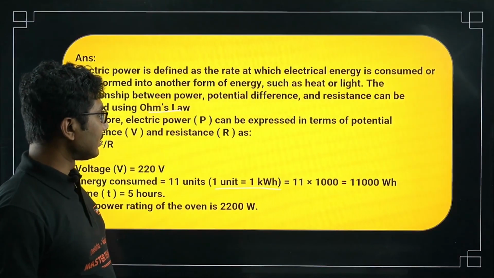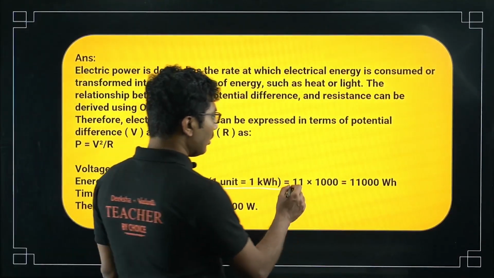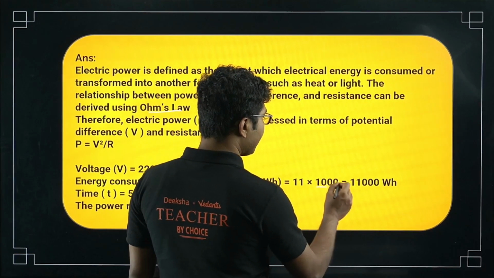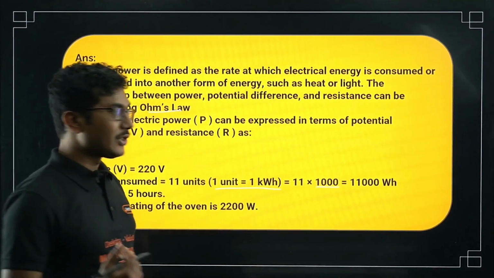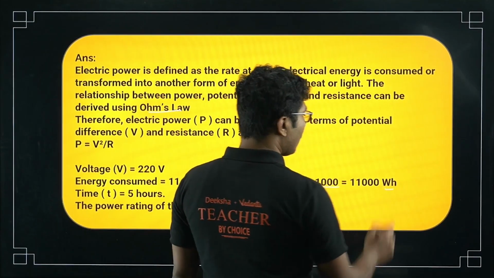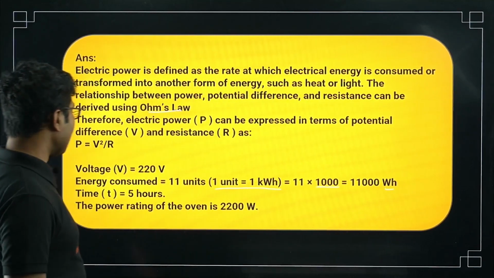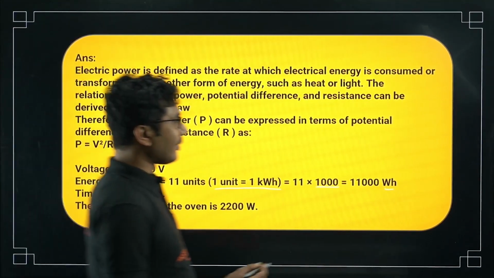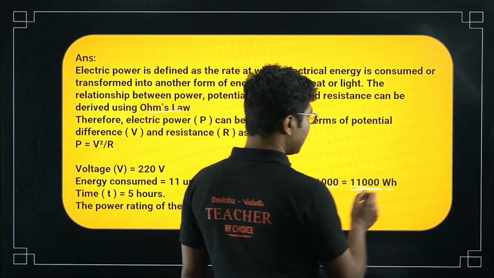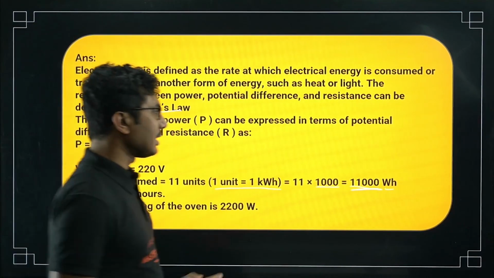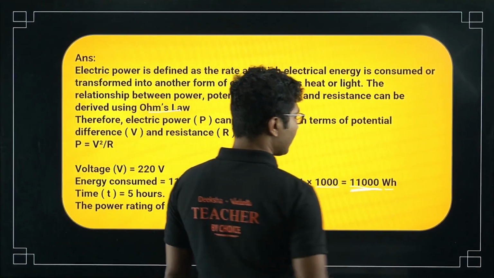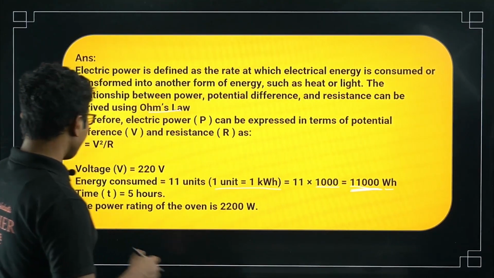So kilowatt hour means you have to multiply with 1000 to remove the kilo part, that is watt hour. For 1 hour it is consuming 11,000 watt.